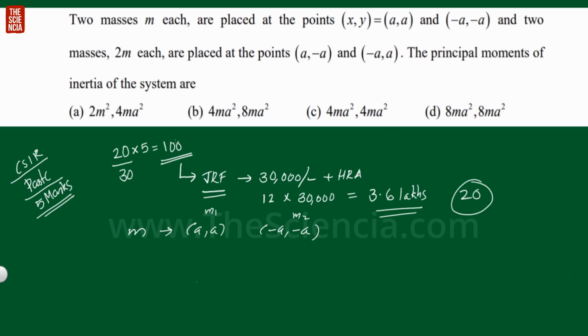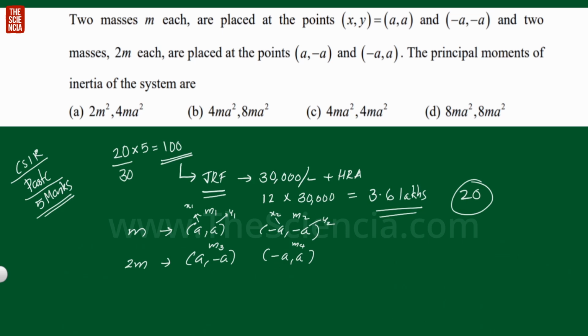And there are another two masses, each of mass 2m, placed at positions (a, -a) and (-a, a). These are the m3 and m4 masses. I call this x1 coordinate and y1 coordinate, and this x2 and y2.